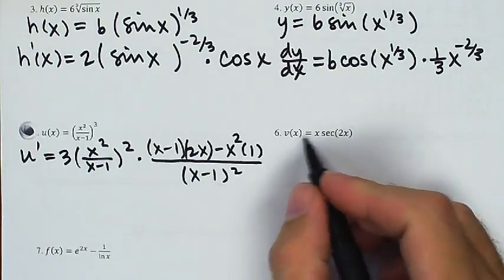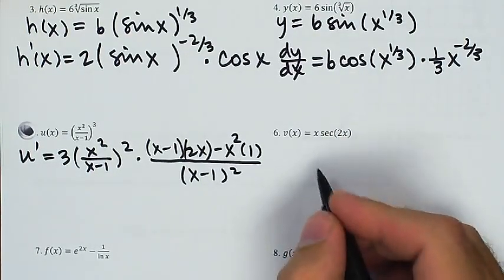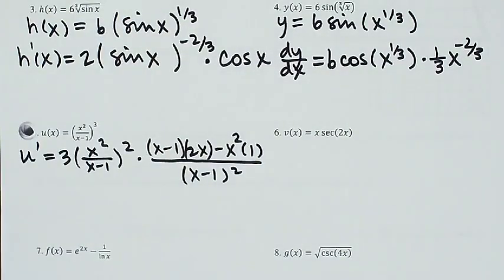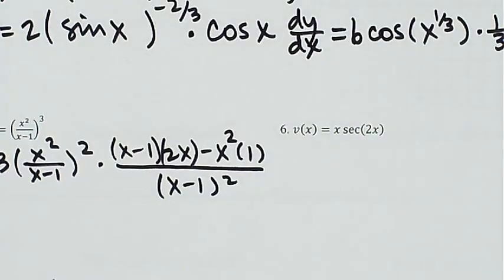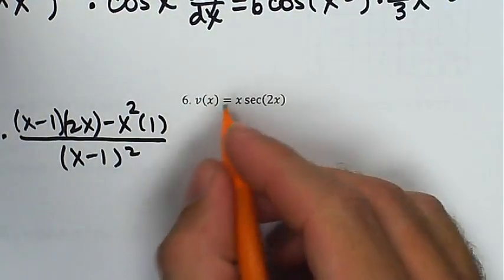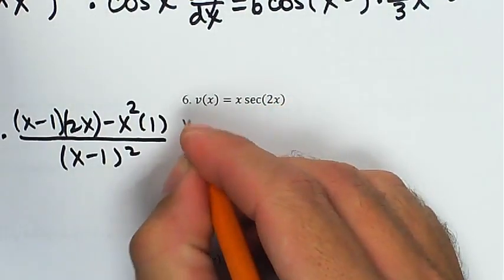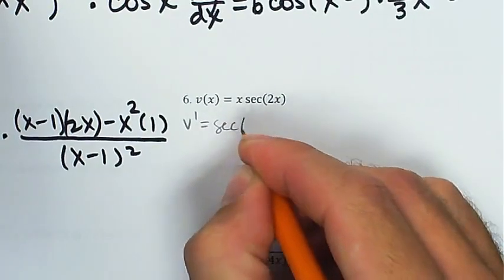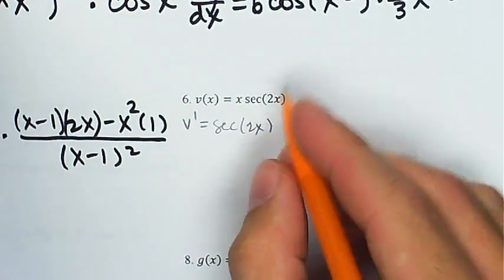All right. V prime of x, I already know I'm going to need, well, maybe I can just zoom in and write with a thinner implement. This is going to be a pretty long one. So I'm going to start with the derivative of x and leaving secant the same. So v prime equals 1 times secant of 2x.